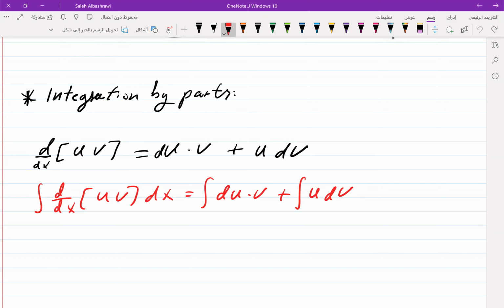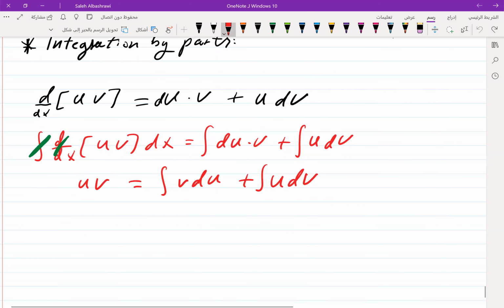And as we know that integration and differentiation are opposite of each other, so this one will cancel this one. So I will have uv equal to integration of v du plus integration of u dv.